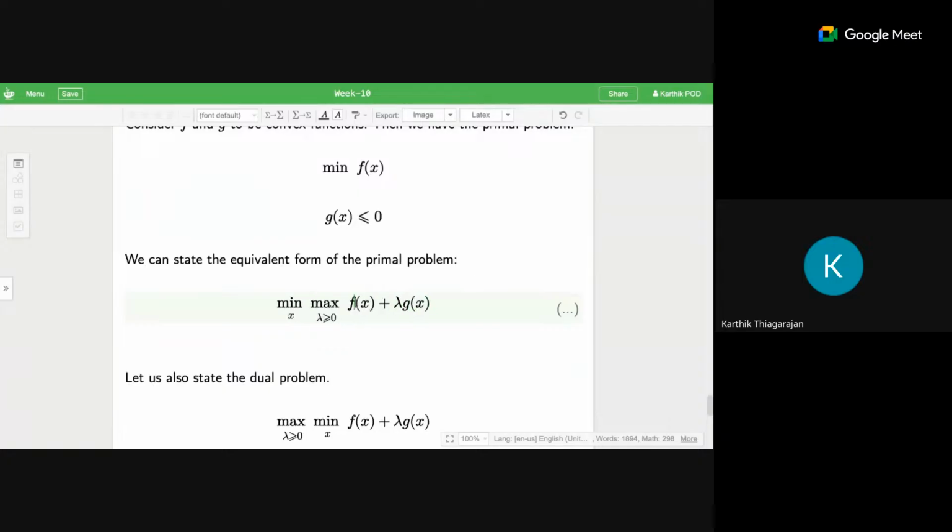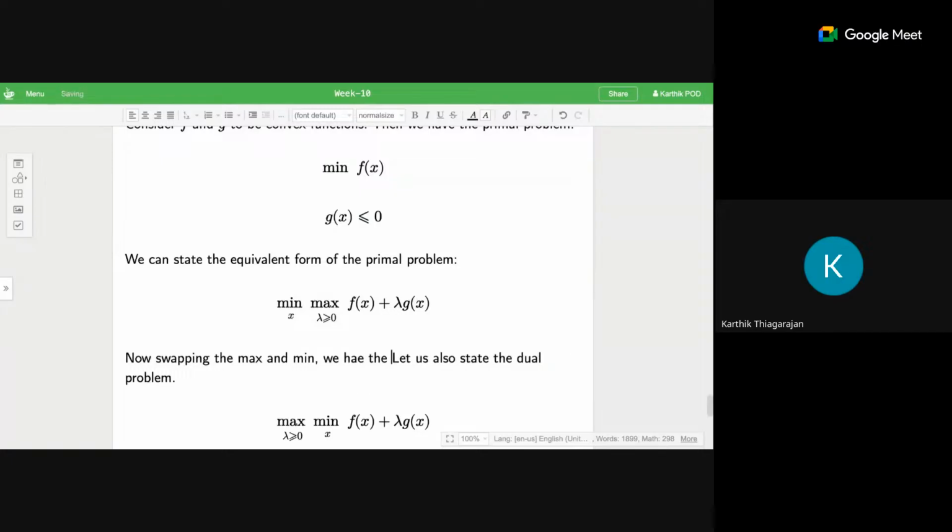Whenever lambda is greater than or equal to 0 and the constraint is satisfied, this whole thing will become f of x, and this is just minimize f of x subject to g of x less than or equal to 0. Now swapping the max and min, we have the dual problem.